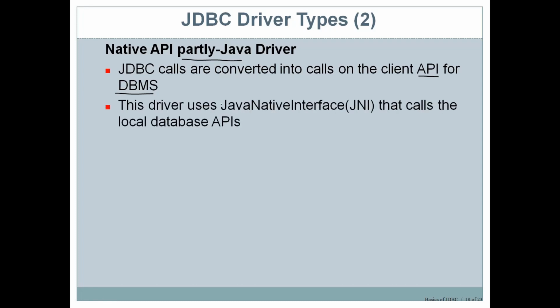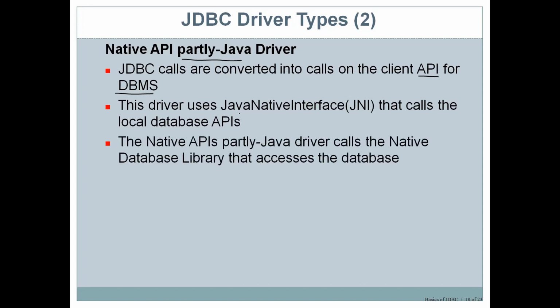This driver uses the Java Native Interface, that is JNI, which calls the local database API. So using JNI, the calls are sent to the database APIs. The native API partly Java driver calls the native database library that accesses the database.